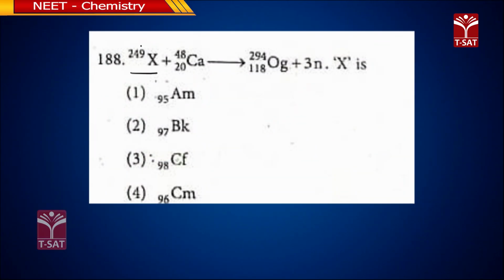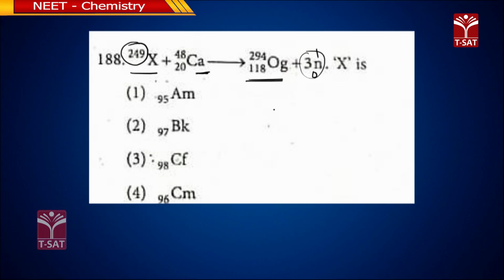X is an element whose mass number is 249, which reacts with calcium and forms oganesson 118, 294 and 3 neutrons. The neutron's charge is 0 but its mass is 1. So, what will be X?